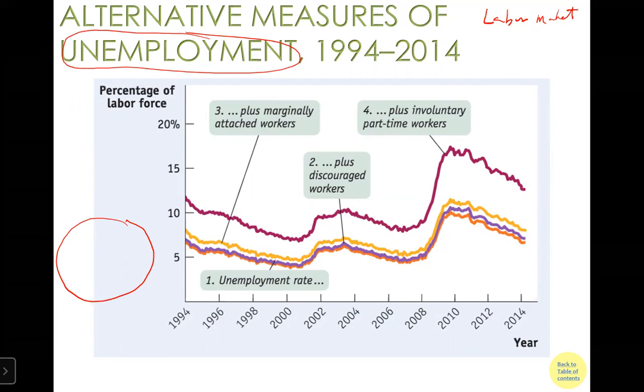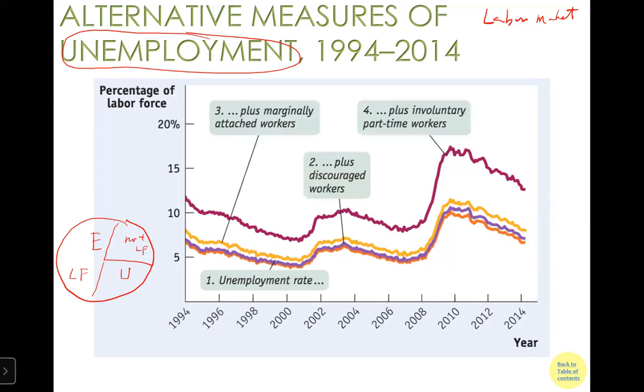Given the adult population, we divide it into two groups. This part is not in the labor force, where LF stands for labor force, and the rest is in the labor force. People in the labor force we divide into those who are employed versus those who are unemployed. That's how we characterize the adult population.